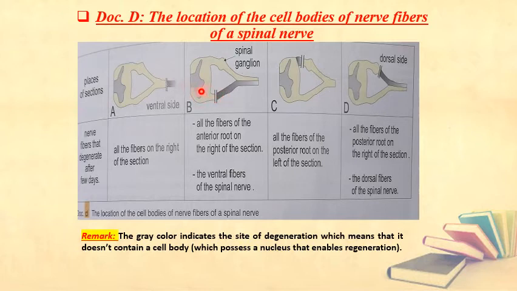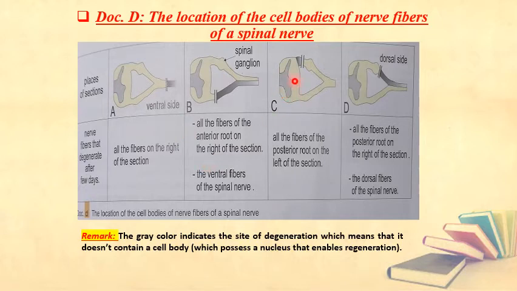It means below. Yes, in the gray matter of the spinal cord, here is the cell body, and its nerve fiber, its axon, extends all along the ventral root and the spinal nerve. This is the first conclusion from the first two experiments A and B.